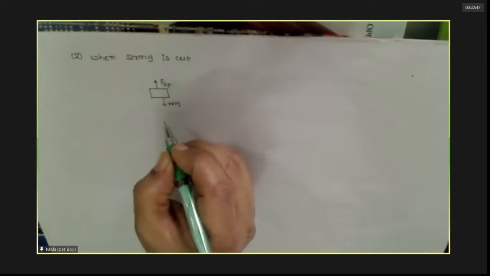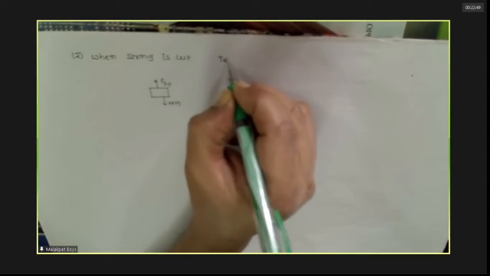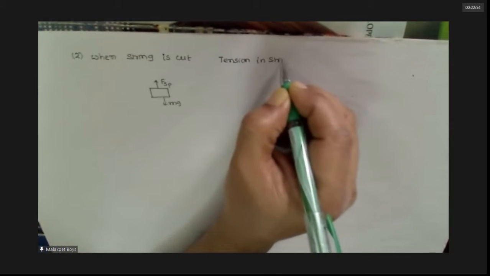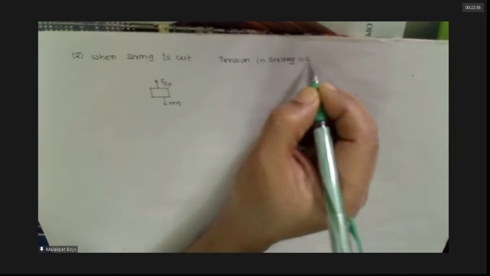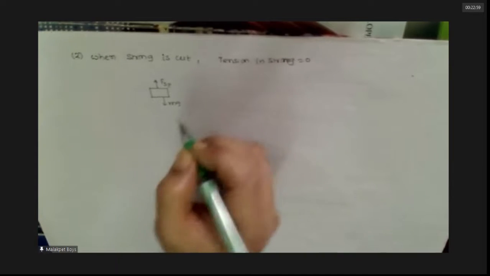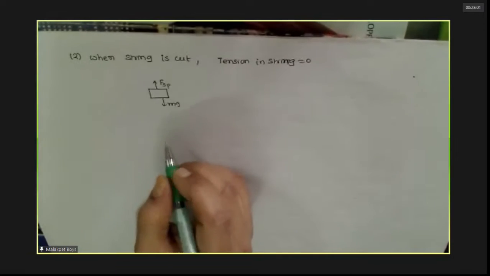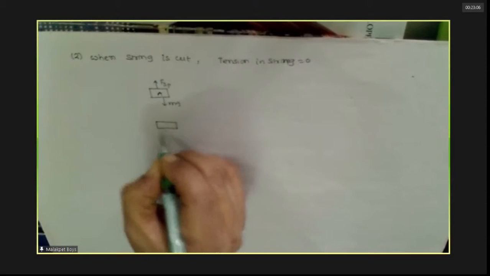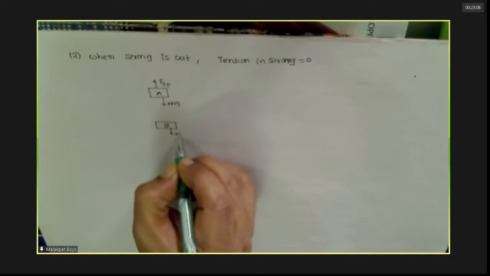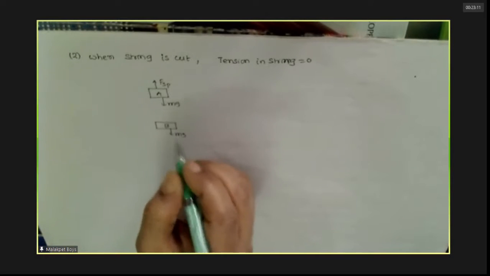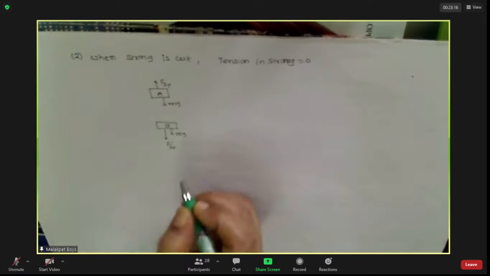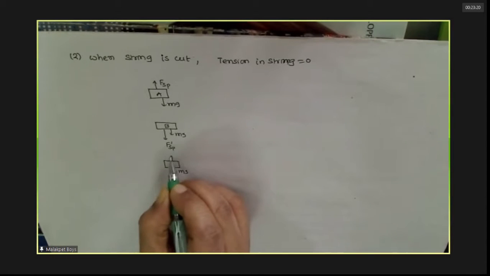And tension will be zero, no? Yes, sir. This is for A. And if you consider B, there is mg, there is no tension here. This is the spring force. And come back to C, this is mg, this won't change.